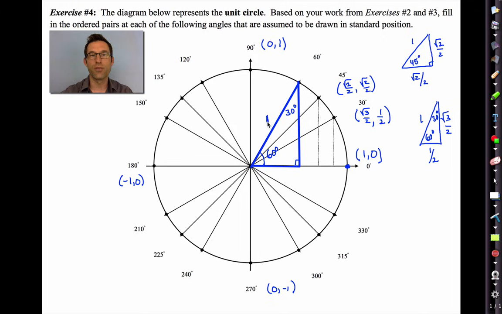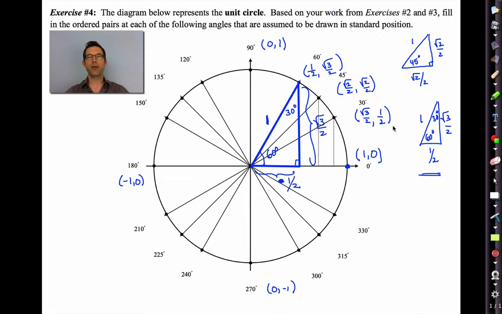This has got a length of 1, the hypotenuse, so that means we're back to this triangle again. But unlike the 30 degrees situation, this is now 1/2, and this is root 3 over 2. So the coordinate point for 60 degrees is 1/2, root 3 over 2. It's exactly the same as this coordinate point, but with the x and the y coordinates flipped.